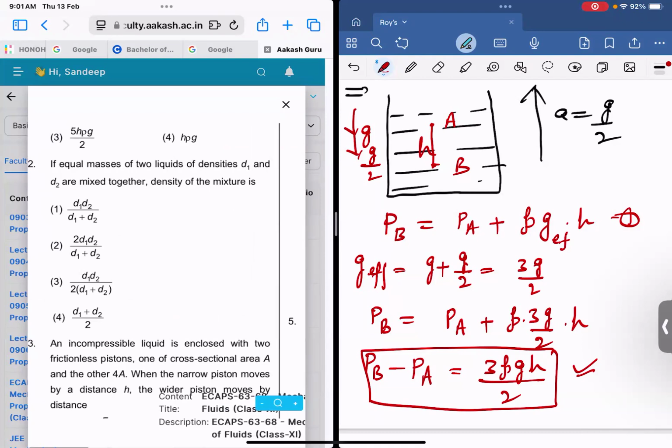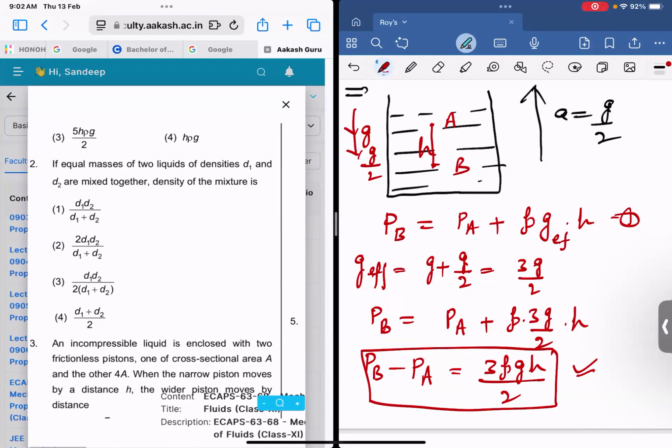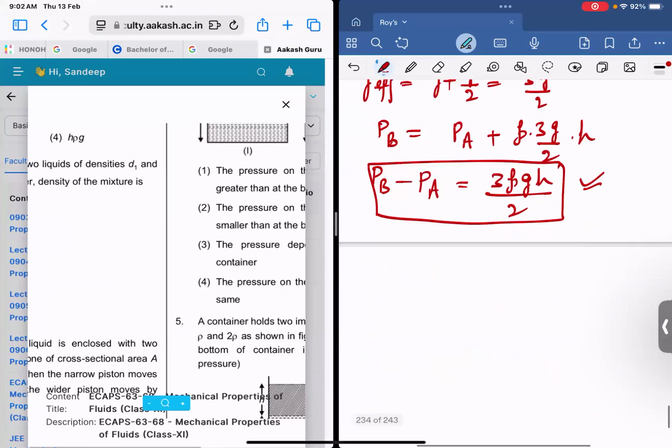Next question says if equal masses of two liquids of density d1 and d2 are mixed together, what is the density of the mixture? Masses are equal. Two liquids having different densities, d1 and d2, are mixed together, then we have to find the density of the mixture.